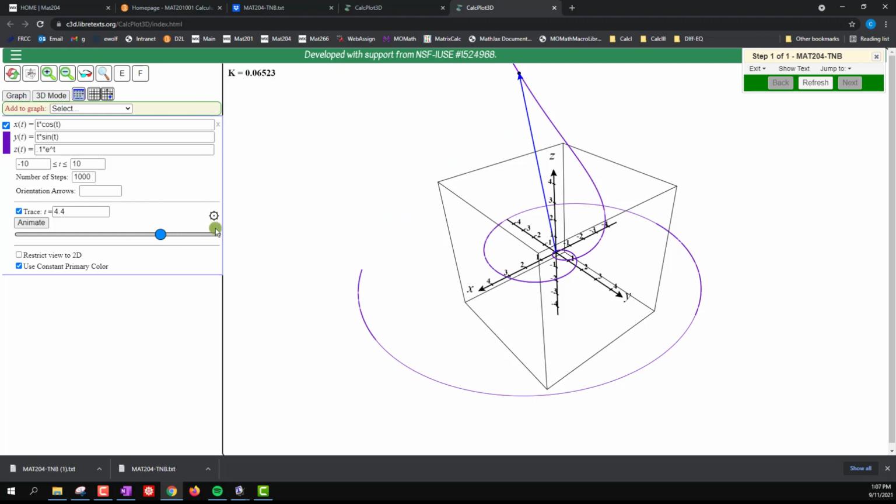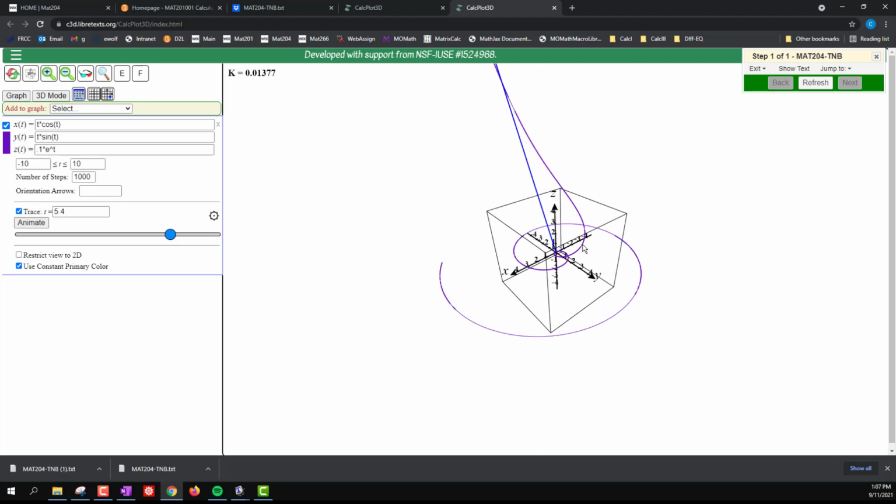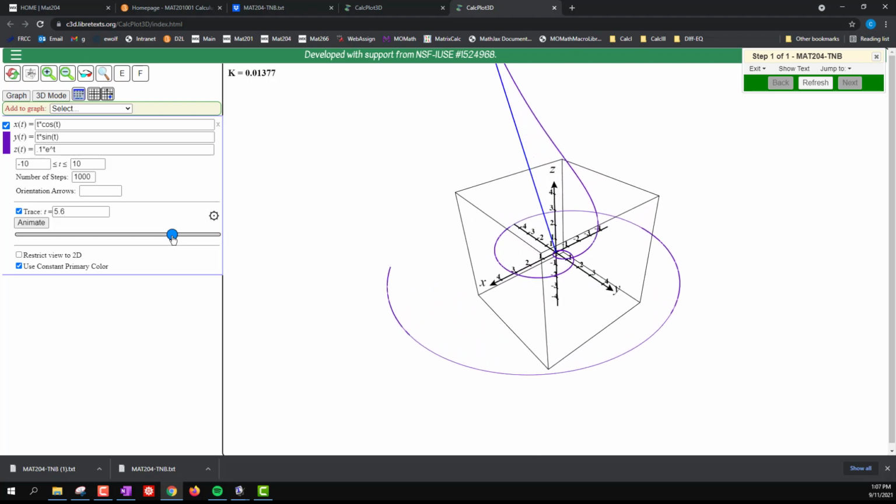In fact, if we were to zoom out a little bit, the curve begins to resemble something of a straight line, and as I move out farther, my curvature gets closer and closer to 0 because the curviness of a straight line is measured to be 0. So take a second to explore that curvature number.